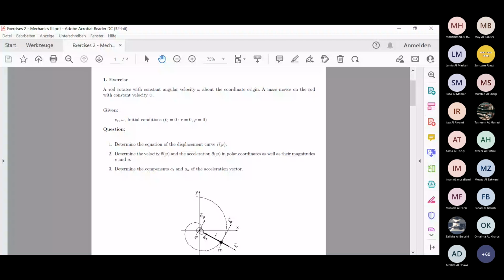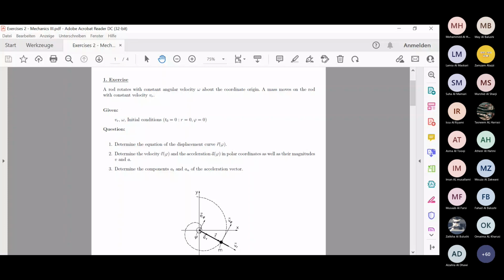And this rod rotates about the coordinate origin here, and mass m moves on the rod with constant velocity vr. That means your mass moves along this rod here and describes such a path.